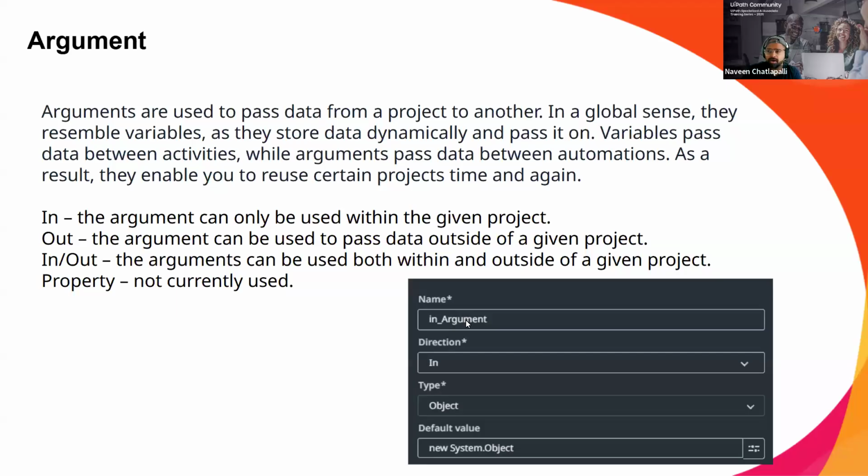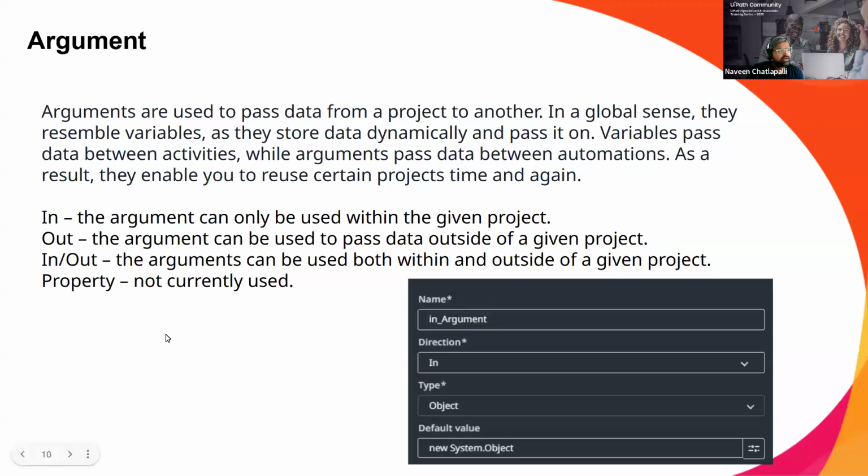If nothing has been given in this in argument value, then this default value will be passed inside. The same thing goes for out argument. You have to give out underscore argument, and the direction will be out. And it is the same for in and out: IO underscore argument, and the direction will be in slash out. This is how you will give it.